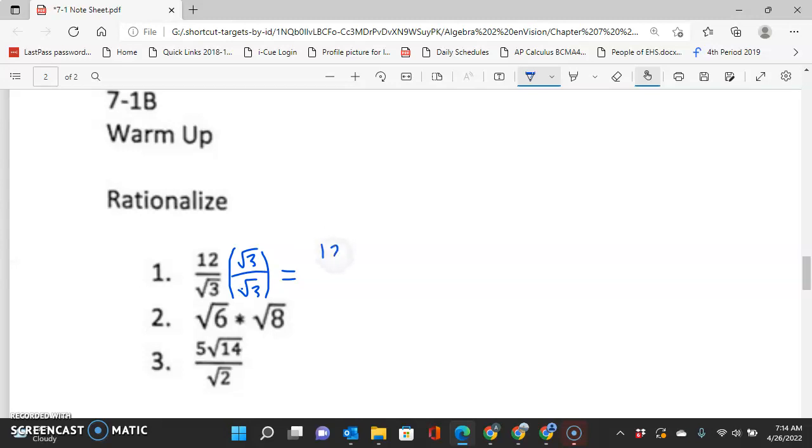So we just write 12 square root of 3. And then on the bottom, it would be square root of 9. But we know the square root of 9 is 3. So this winds up being 12 root 3 over 3. And then that can reduce because 3 goes into 12. So we can write that as 4 times the square root of 3.